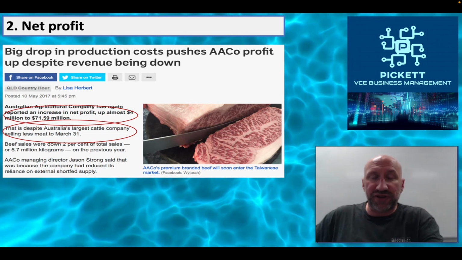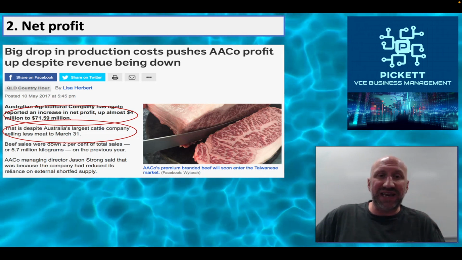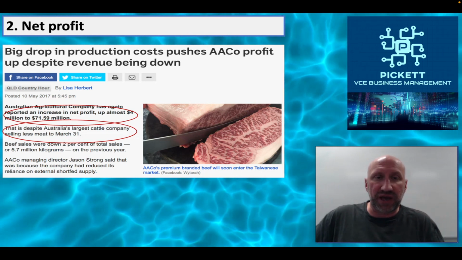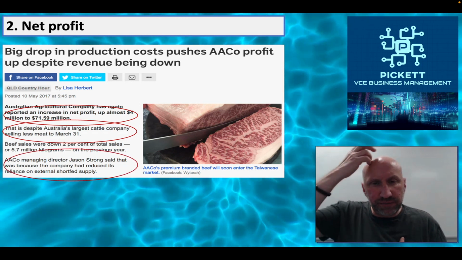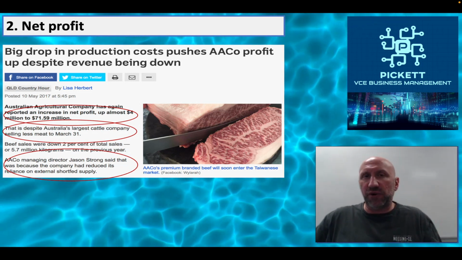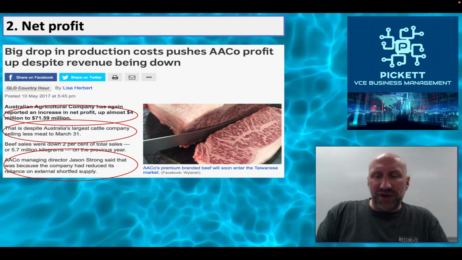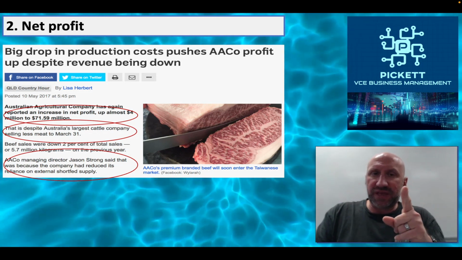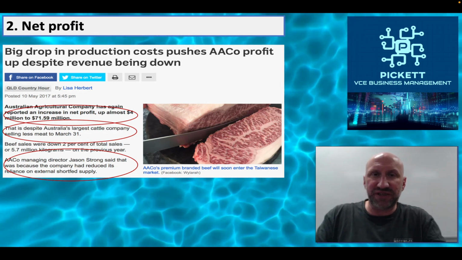Notice it says profit is up here, but this is despite them selling less meat. Now, it tells you why: because the company reduced its reliance on external short-fed supply. I don't really know what external short-fed supply is. But the point I'm making here is that profit has increased while sales have decreased.